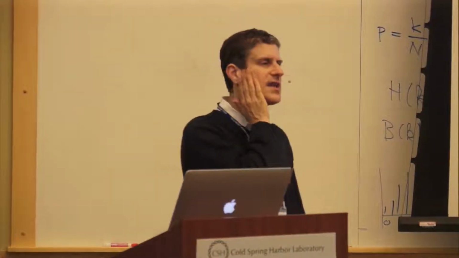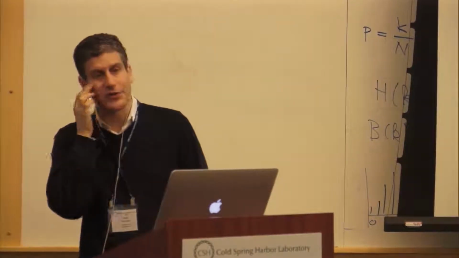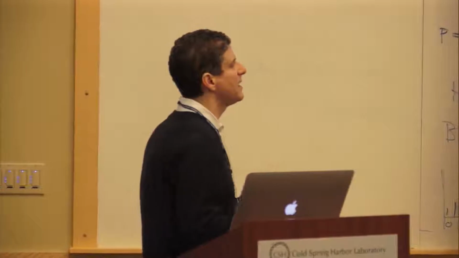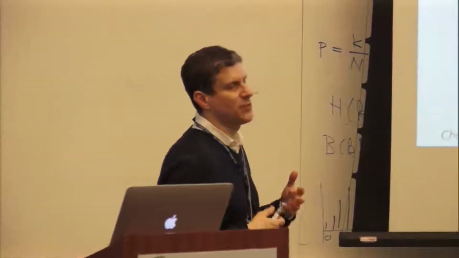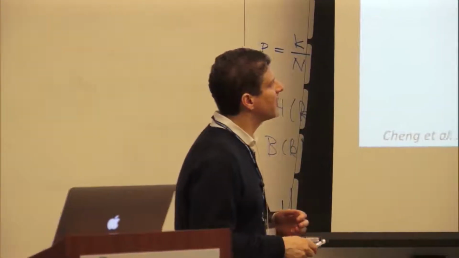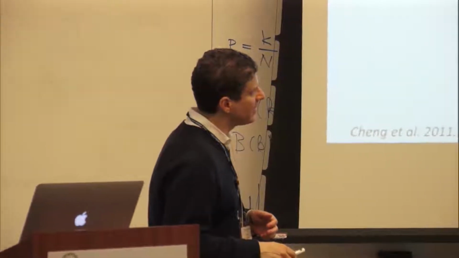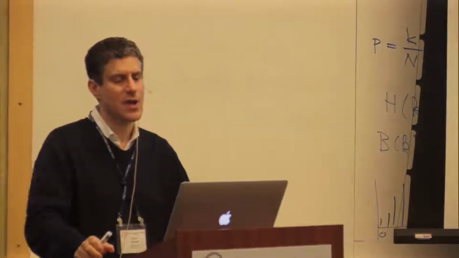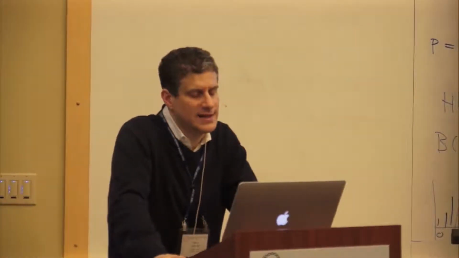And then the other thing that's kind of neat is you might think to yourself, I've described two models, this transcription factor model and this histone model. Maybe I could put them together. But what's interesting is if I combine them, I get this combined model that has a prediction efficiency shown by the black line. And notice how the black line doesn't go any higher than either the blue line or the green line. The implication is that I don't actually do better by combining the models than I do by keeping them separate.